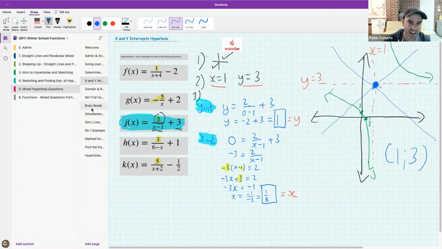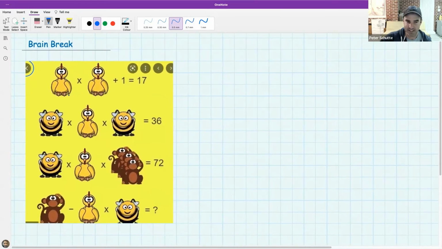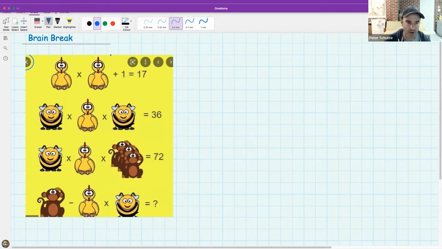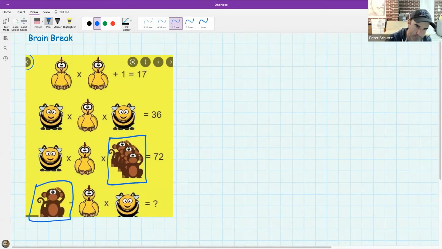Okay, let's do a quick brain break just to give our brains a little rest. So, some angry birds, there's a bee, and there is a monkey. Something I want to point out, because we've had some debates about this in the past: there are 3 monkeys over here, whereas there's 1 monkey over here.